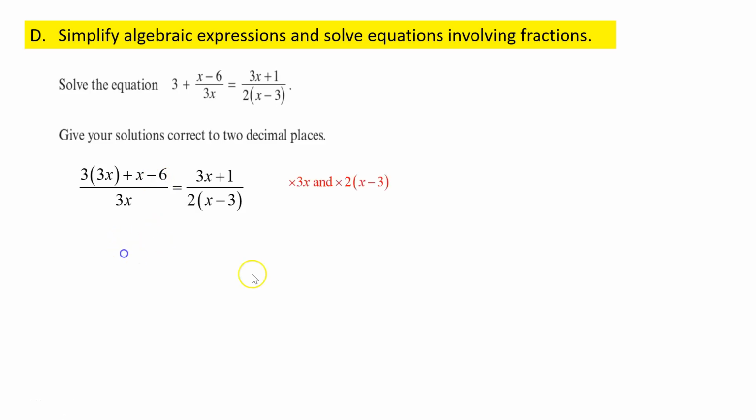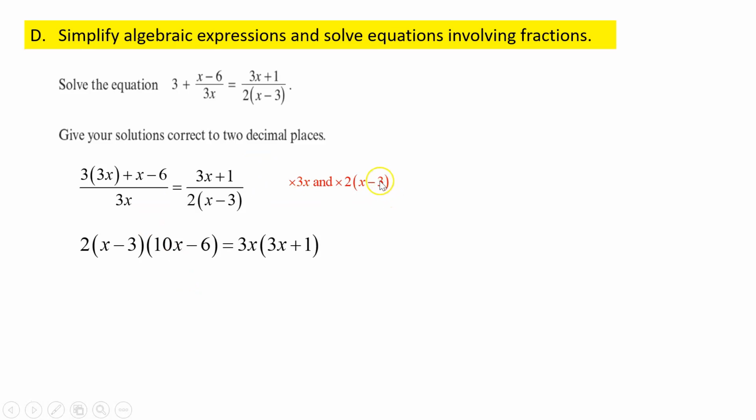So now multiply both sides by 3x and by 2 bracket x minus 3, and we get, so this term becomes 9x plus 1x, which is 10x minus 6.